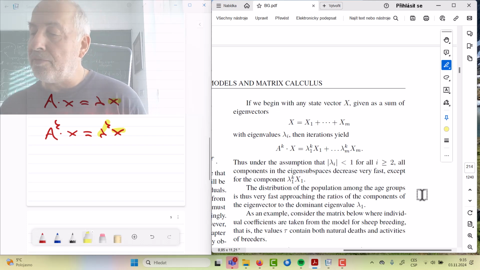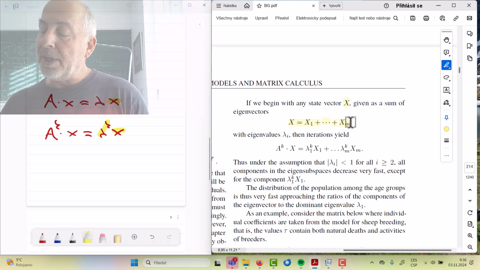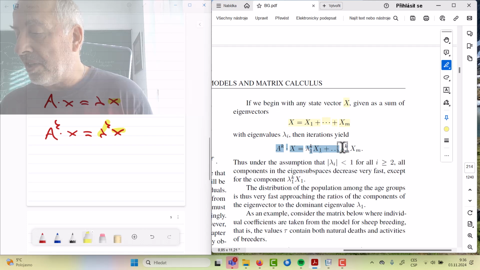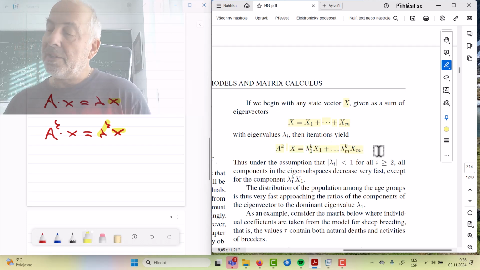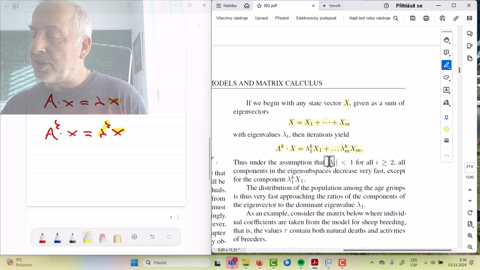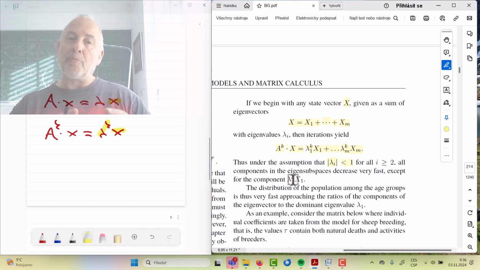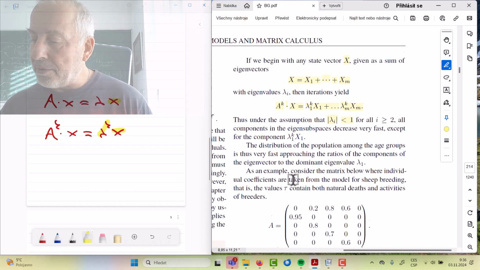Imagine, as I told you before, that we start with the state vector in the beginning and expect that we can decompose it as a sum of eigenvectors. Then the k-th version of the state vector will be simply this. And you see, if all the lambda i's are less than 1 in absolute value, except the first one, and the first one is a little bit bigger than 1 or exactly 1, then you know how your population will grow.